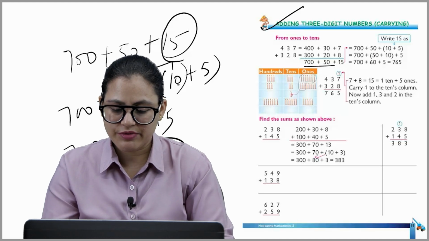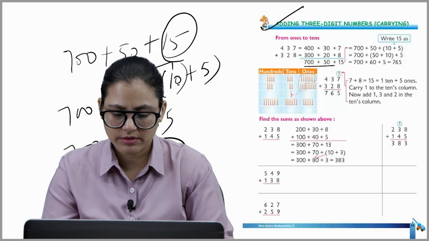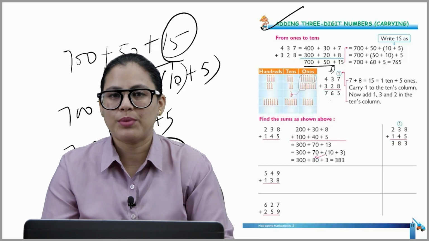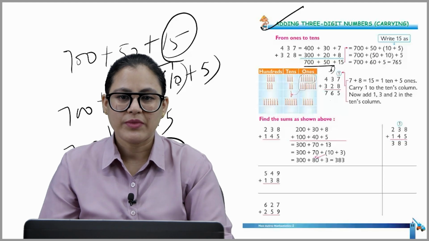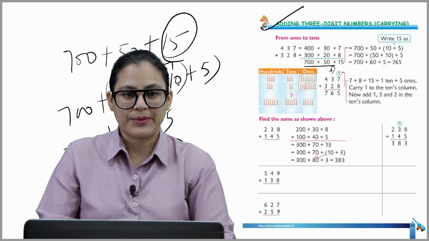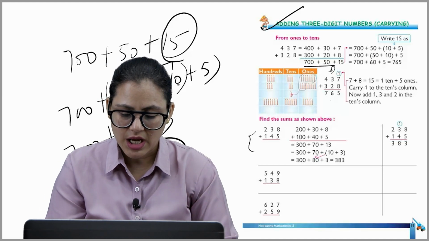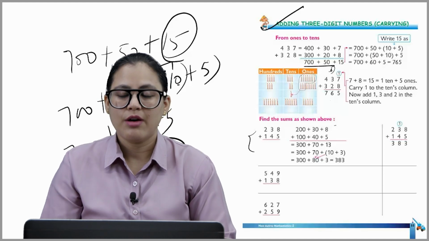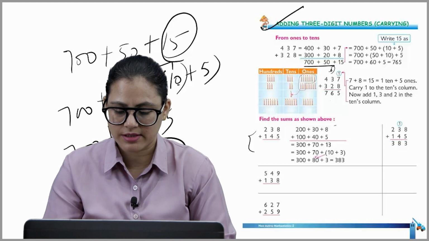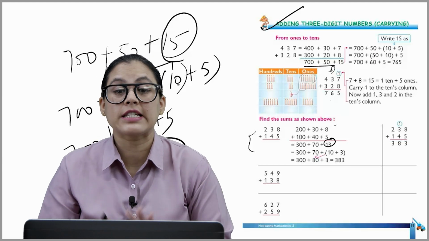Or, this is the short method where we'll add one by one starting from the ones. 8 plus 7, 15, we'll write 5 here and we'll write 1 as a carry here. 3 plus 2, 5 plus 1, 6, and 4 plus 3 is 7. Find the sum as shown above. You have to find the sum of these two numbers. First, we will expand them, then starting from ones, we'll add them. And if necessary, as in the ones case, we will expand it again.